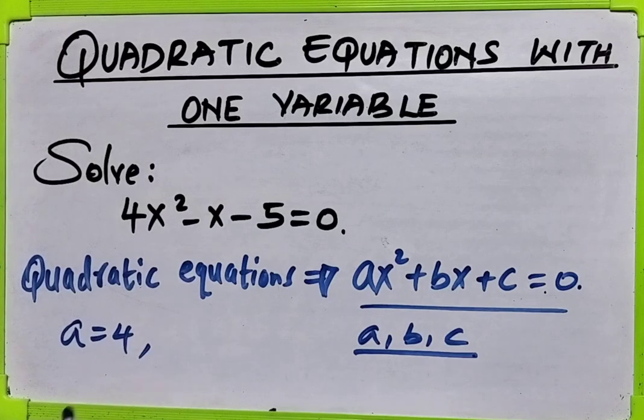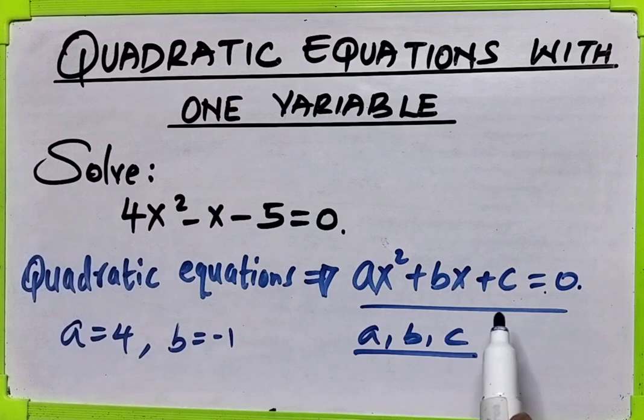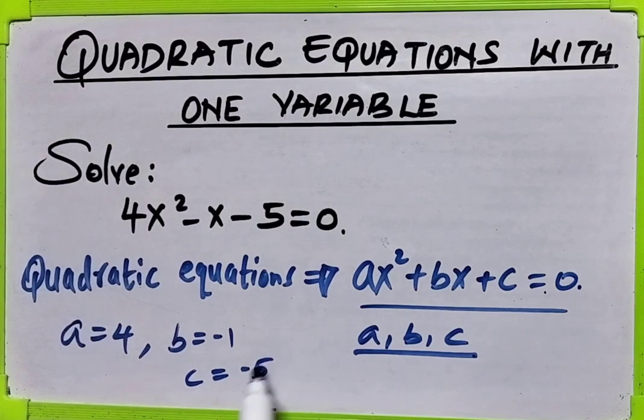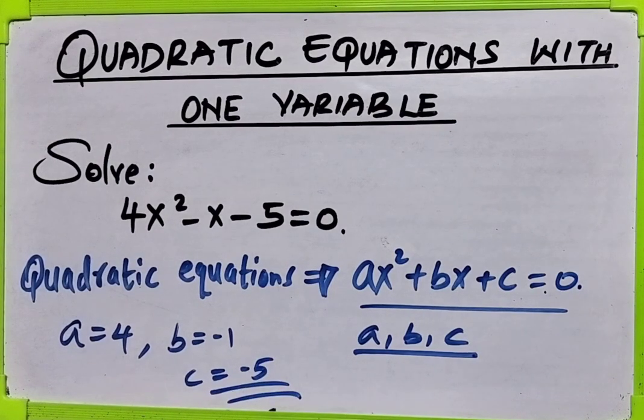The coefficient of x is -1, so our b is -1. And the constant c is -5. So that's how you extract a, b, c from a given quadratic equation.